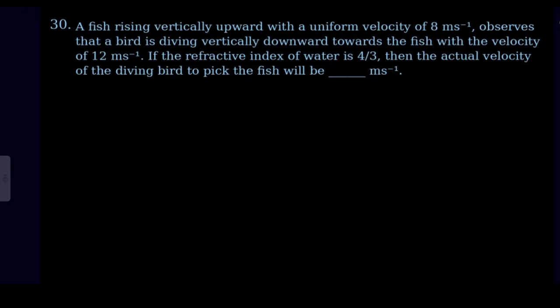Now take this thing here. A fish rising vertically upwards with a uniform velocity of 8 meters per second observes that a bird is diving vertically downwards towards the fish with a velocity of 12 meters per second.